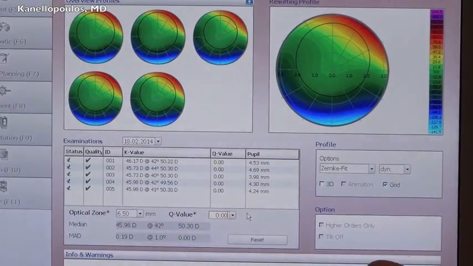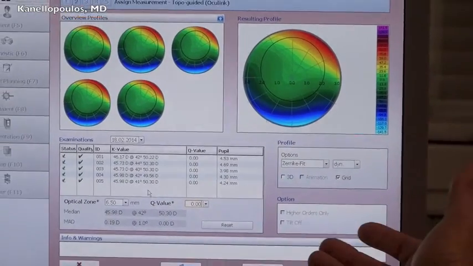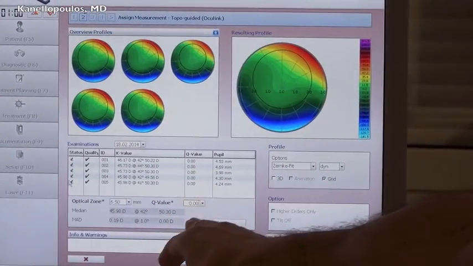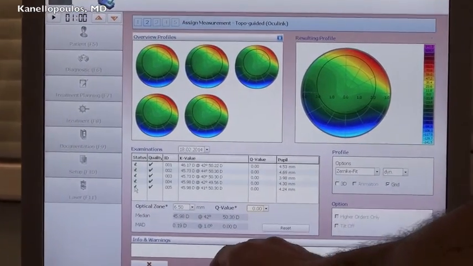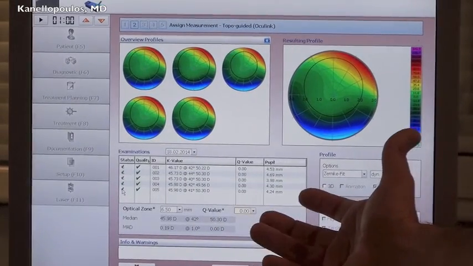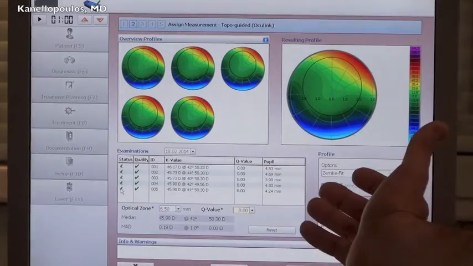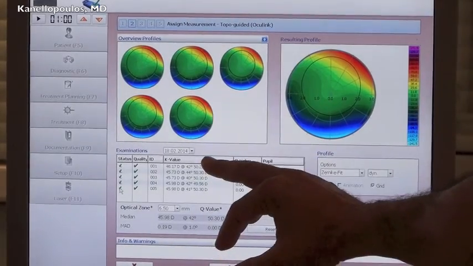Obviously, in a routine myopic case, we will choose Q value of -0.5 to increase cornea asphericity, but this cornea, you didn't see it before, but her asphericity was almost -1. So we put the desired Q value to 0 to save tissue, and it's going to end up anyway over -0.5, whatever the case.